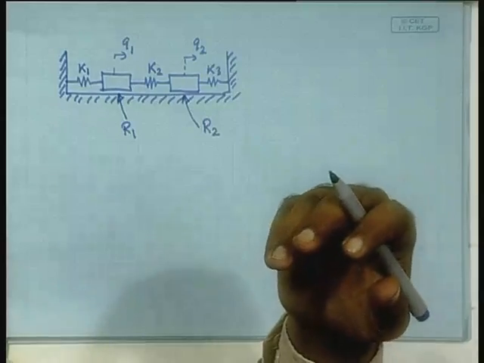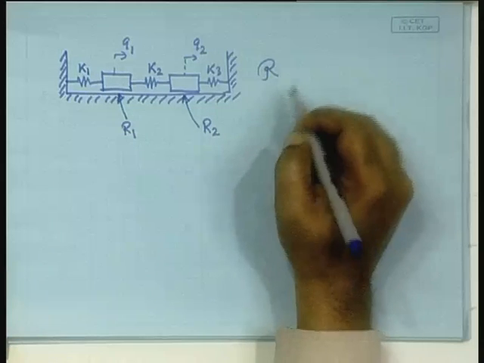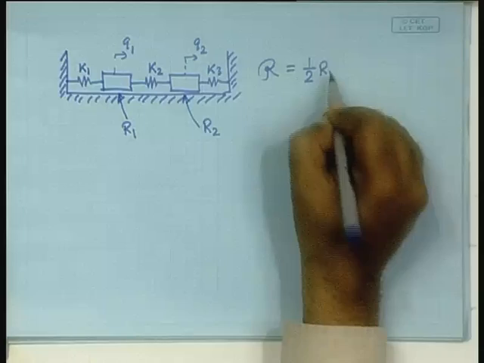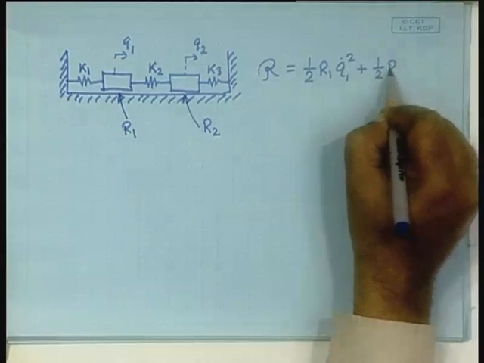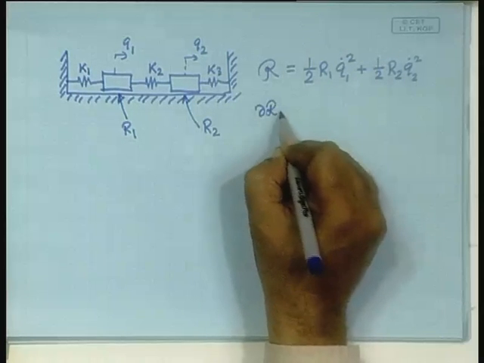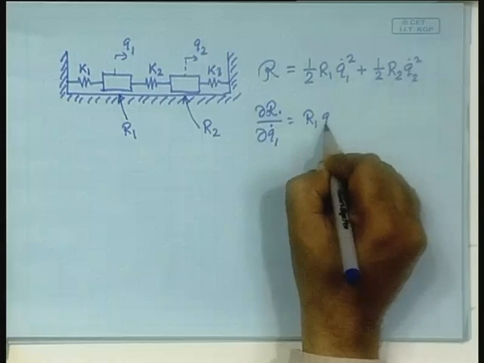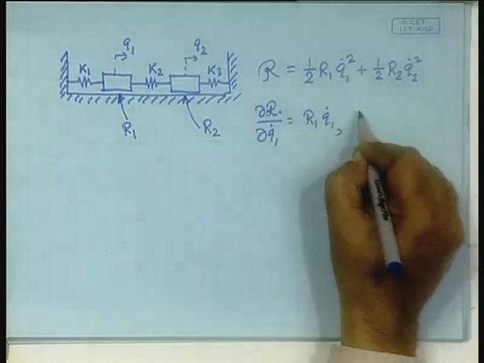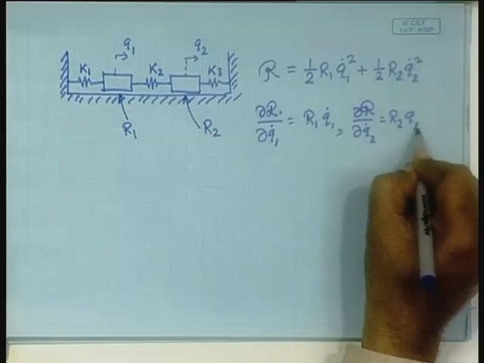We had already written the kinetic energy and the potential energy, they remain unchanged, only what is added is the Rayleigh term, which is half R1 q1 dot square plus half R2 q2 dot square, so that dR/dq1 dot is R1 q1 dot and dR/dq2 dot is equal to R2 q2 dot.